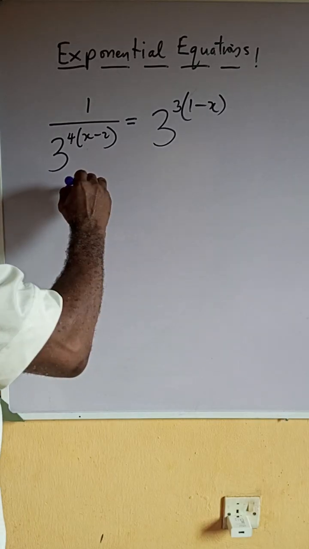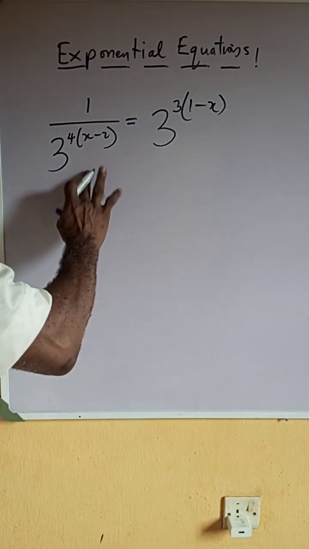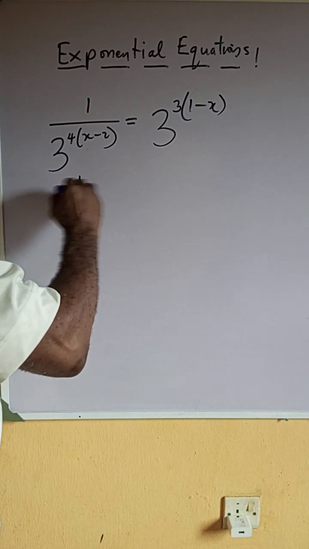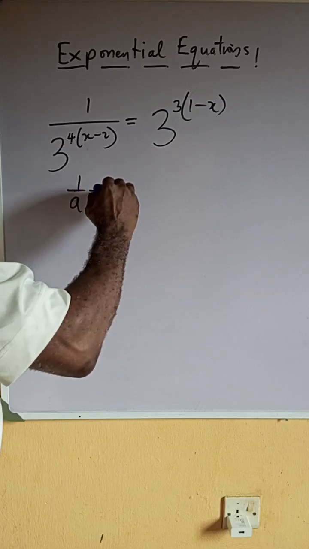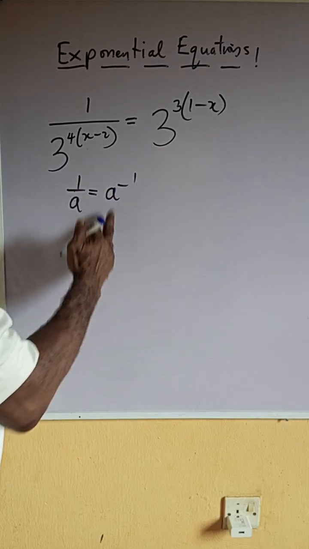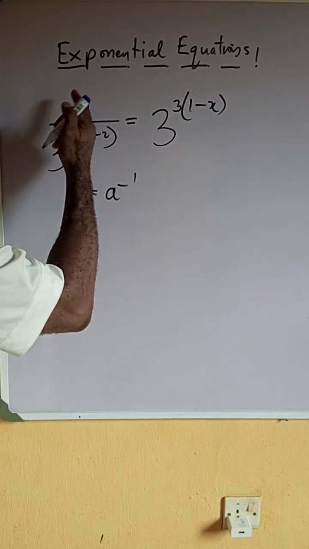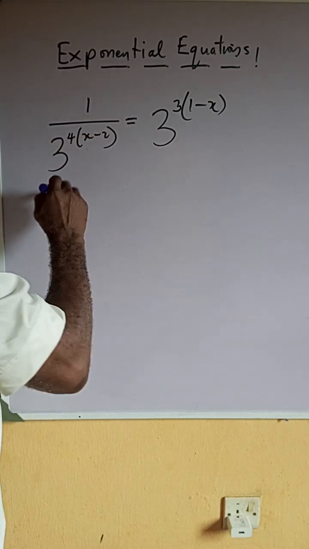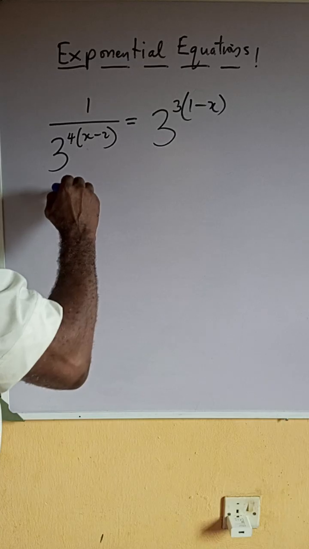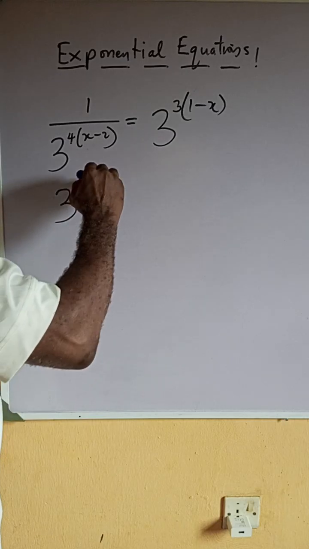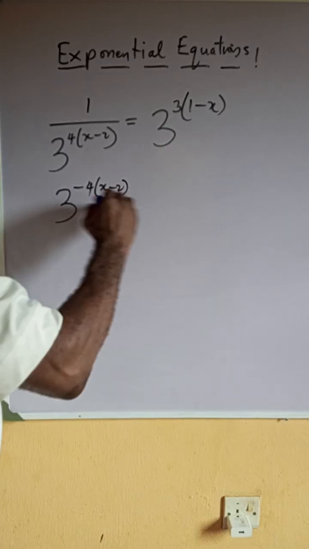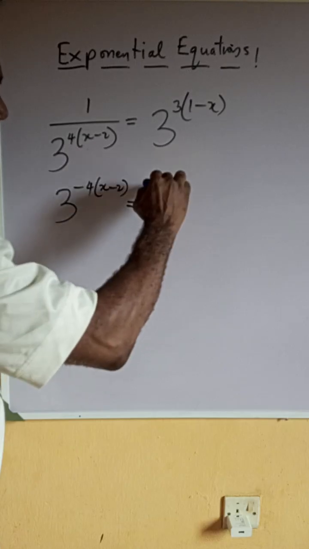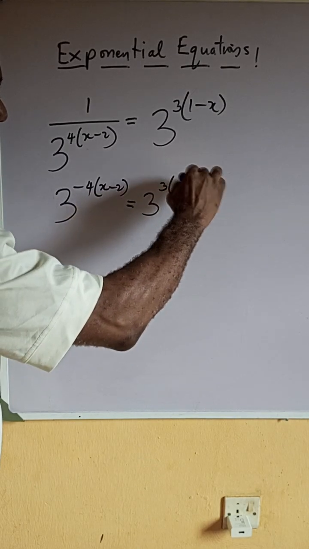We shall apply this law that says 1 over a is the same as a raised to the power minus 1. We shall apply it here in order to remove this 1 we have here. So that 3 raised to the power minus 4 into x minus 2 is equal to 3 raised to the power 3 into 1 minus x.